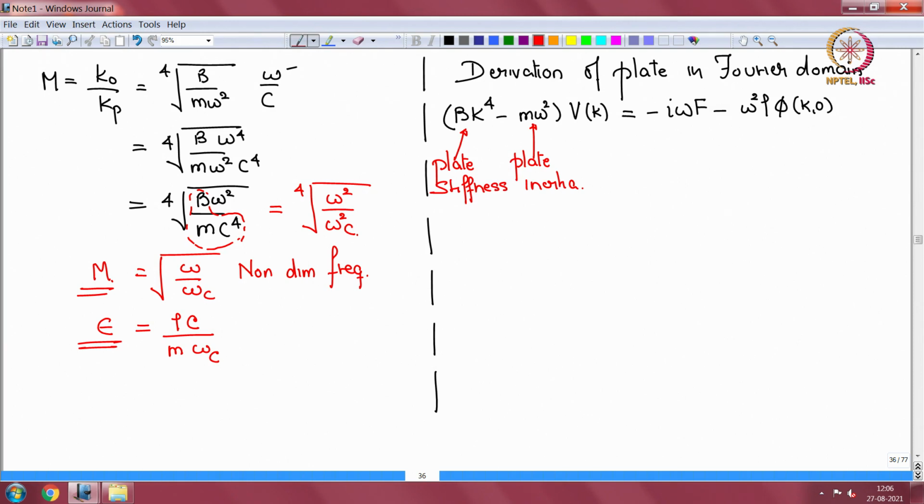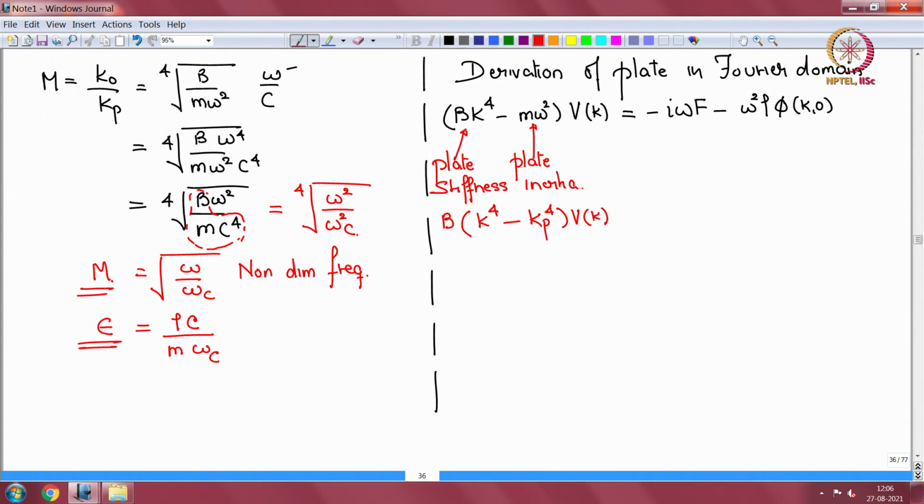Suppose we take B out and divide. I get k fourth minus m omega square by B, which is kp fourth, into V of k.